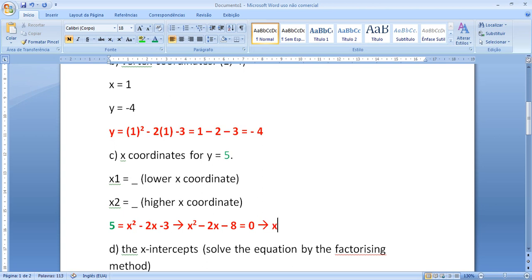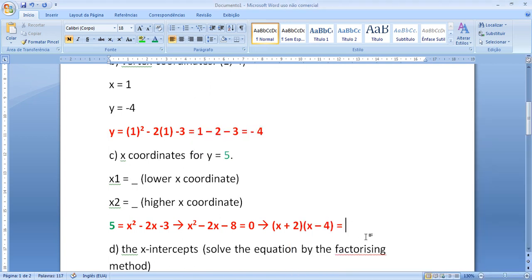2 and minus 4. This makes the equation like this: x plus 2 times x minus 4. This is the equation that we have to consider.